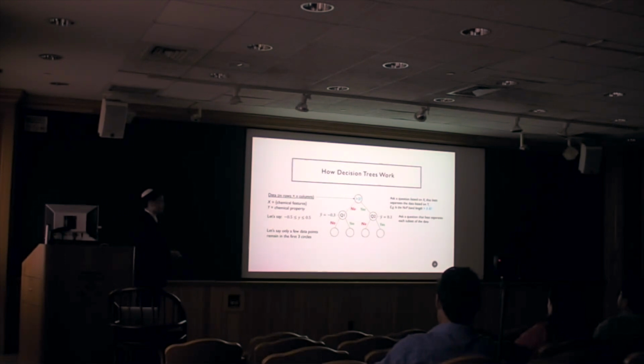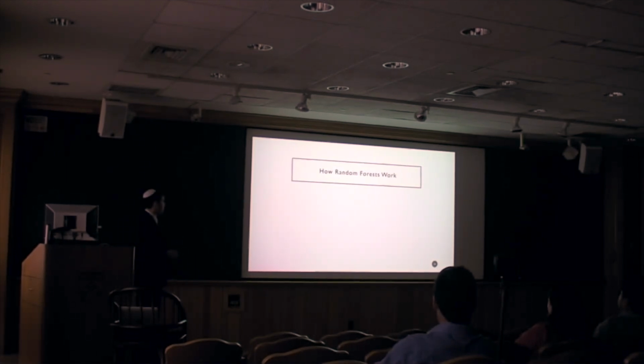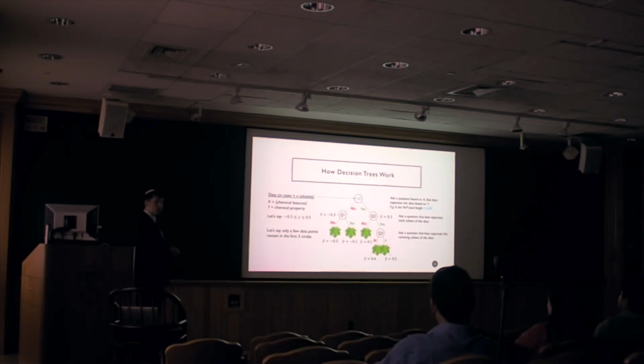Once these buckets have very few data points, we'll stop them from growing, and we assume that they'll have very tightly clustered y values. And then the one that still has data, we'll keep asking questions on it until it has very few data points left. At that point, we've fitted a decision tree, and we put a new piece of data in. All the questions get asked, and depending upon where it ends up, the y value corresponding to those data points will be the y value that we predict for that data point.